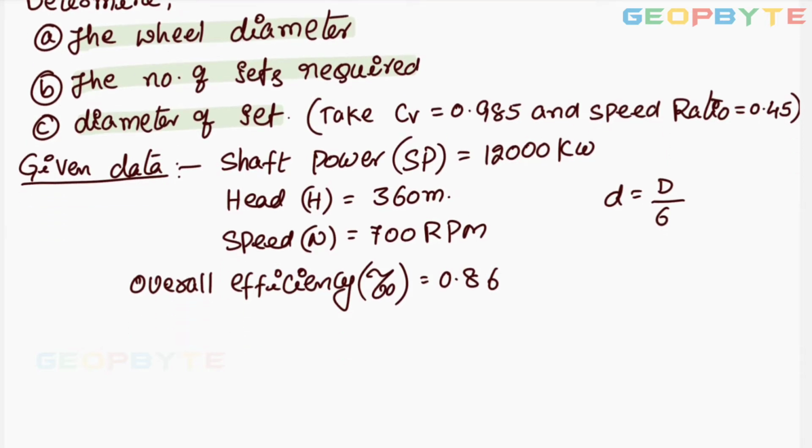You know, speed ratio, okay, it is given that Cv is 0.985 and speed ratio 0.45. First, let us find the jet velocity.